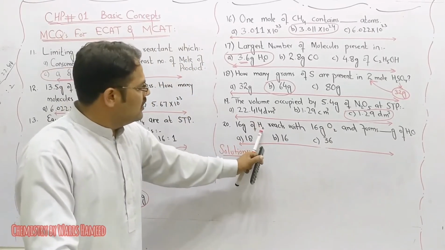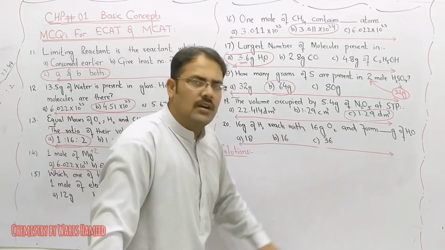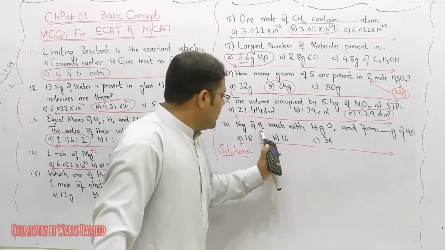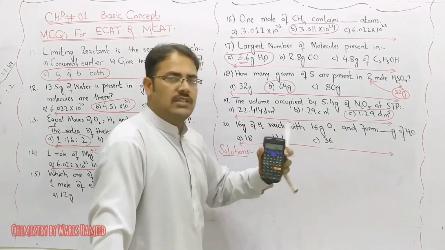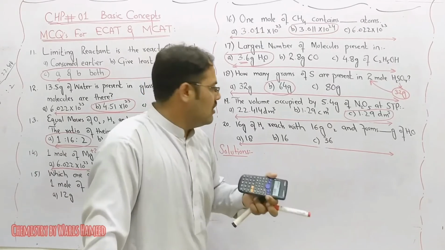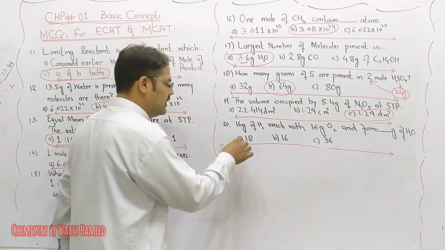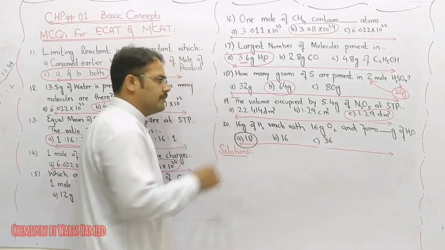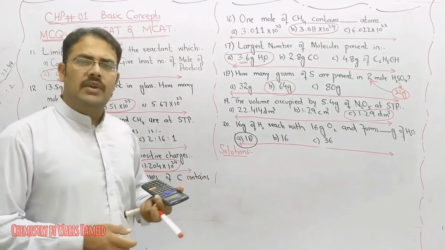So 1 mole of hydrogen will react with 16 gram oxygen, and 1 mole of hydrogen is actually 2 gram. 2 gram of hydrogen. So the water will be 18 gram. And hydrogen will be the excess reactant.